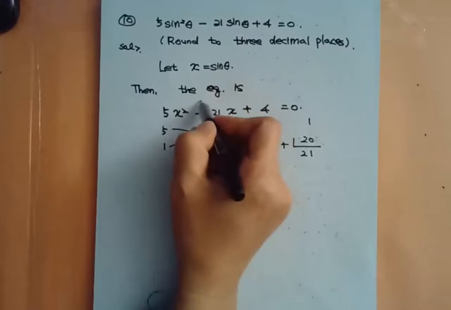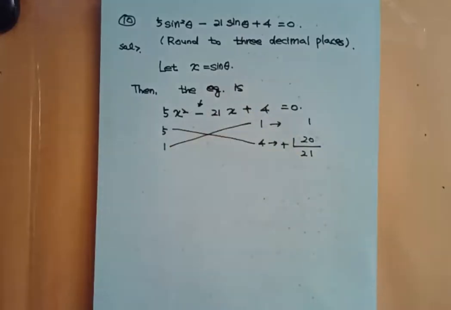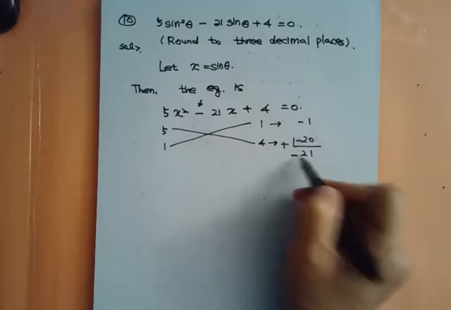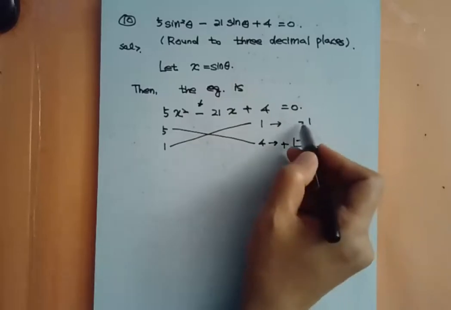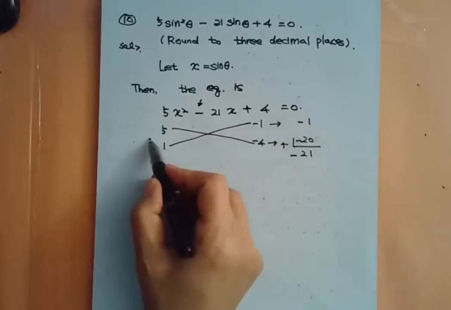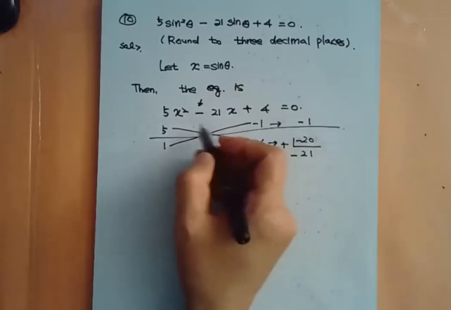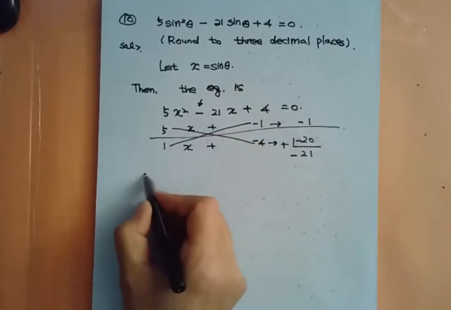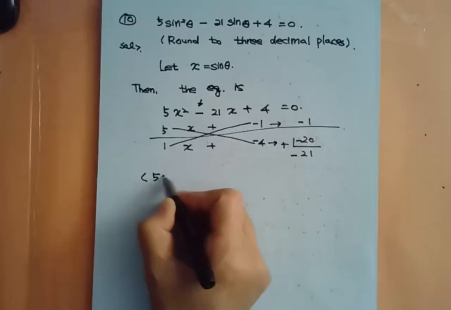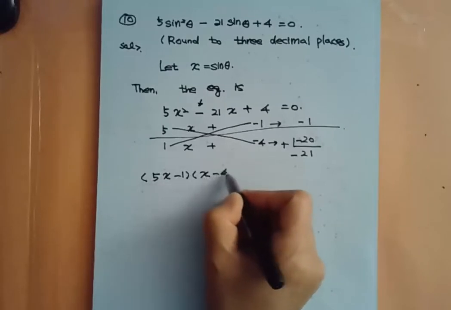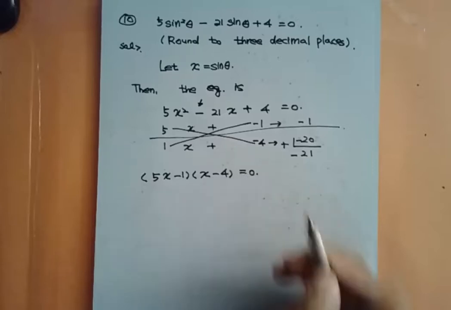But we have to make minus 21. So we put minus to both, then we will get minus 21. Then we transfer this minus to here, and then we are done with the factorization. So the factorization will be 5x minus 1 times x minus 4 equals 0.